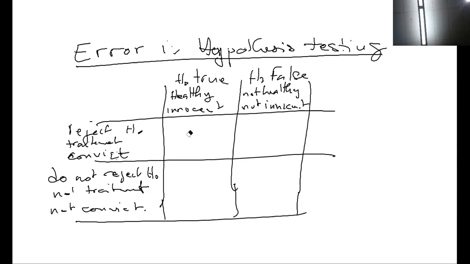It's not good, right? He decides to operate on you when you don't have any problem. It's not good. But this is bad. We call it a type 1 error. Here is good, here is good, and here is type.